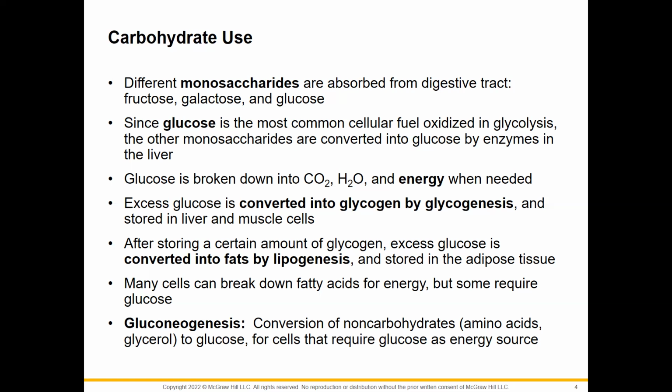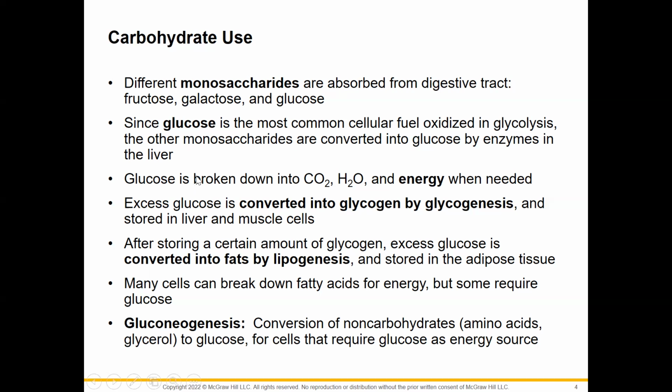And remember that you utilize oxygen in order to make that ATP. So inside each cell, your mitochondria will use the breakdown products of glucose along with oxygen to produce energy, and the byproducts of that will be carbon dioxide and water being produced.